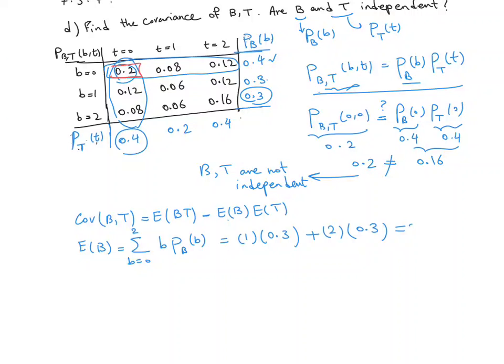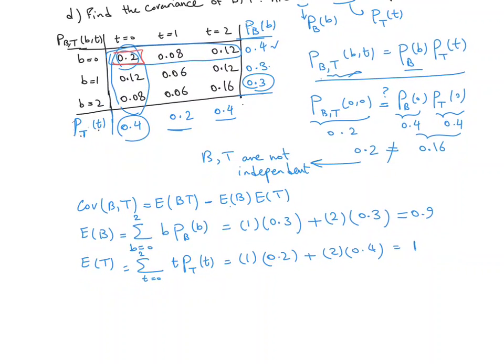So this is equal to 0.9. That is the expected value of B. For T, we do the same for all possible values of T up to 2: 1 times 0.2 plus 2 times 0.4, which is equal to 1. So the expected value of T is 1.